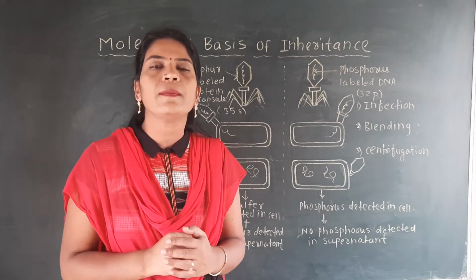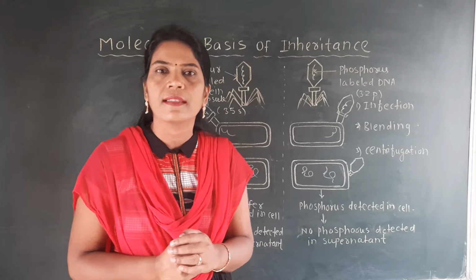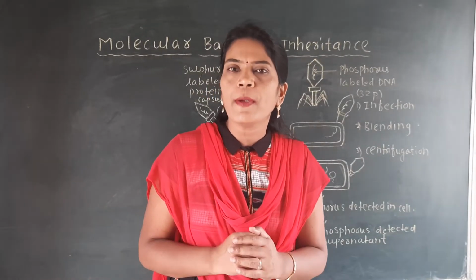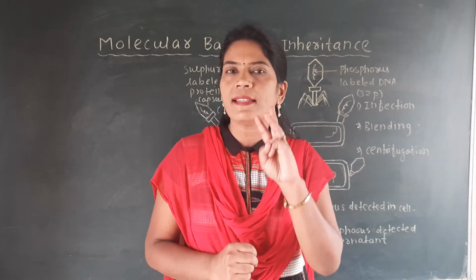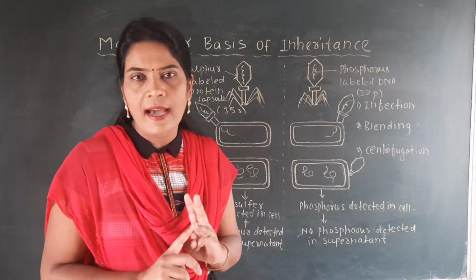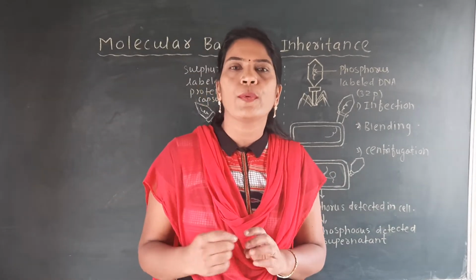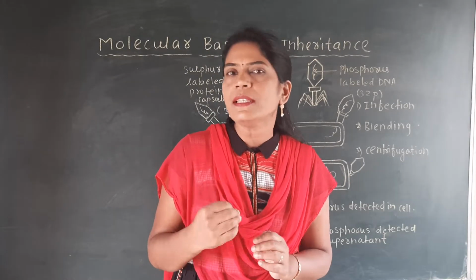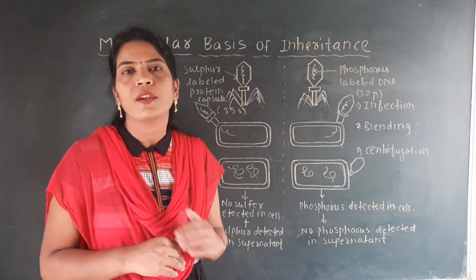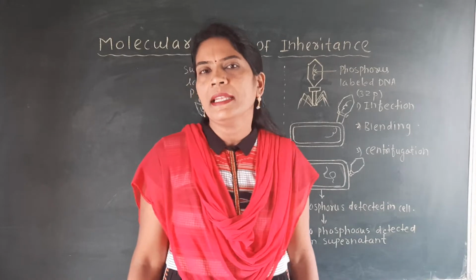Now the second experiment that today we are going to discuss is the experiment carried out by three scientists, Avery, MacLeod and McCarthy, who also proved that DNA is the only genetic material which can pass from one generation to the next generation.